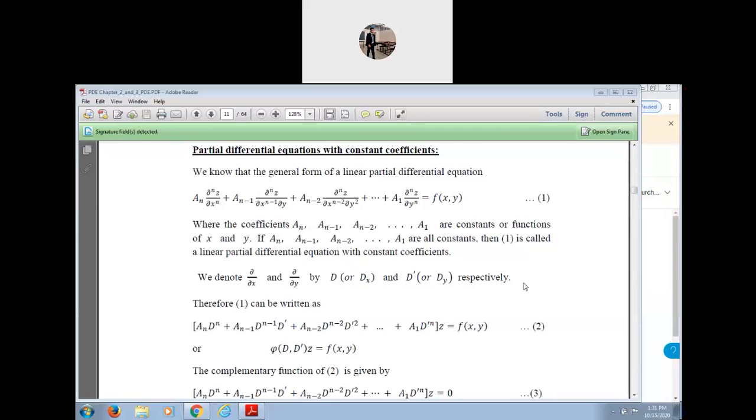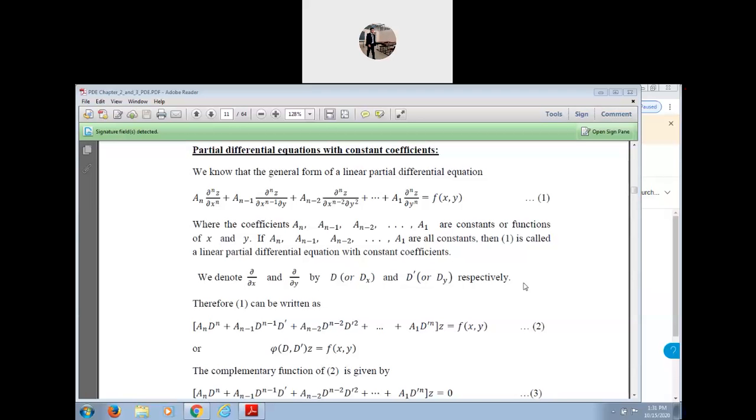A d square y by dx square plus b dy by dx plus c y equals 0. Is it, ma'am?